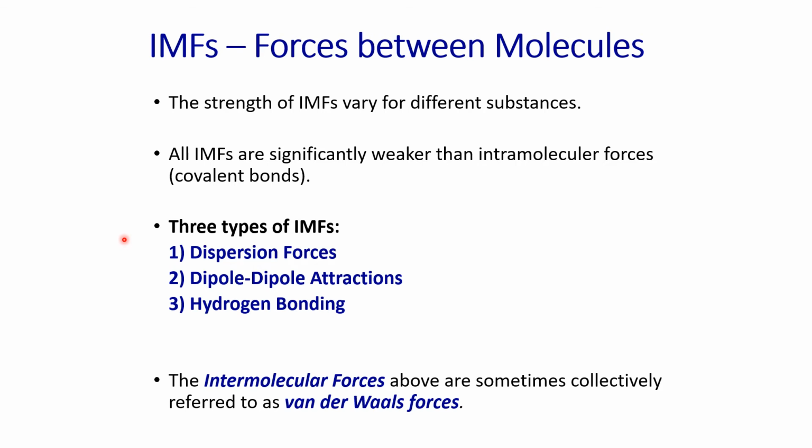There are others, but they're for chemistry beyond Gen Chem usually. Your book calls this one dispersion forces. You might also call it London forces. So dispersion forces, and then we're going to talk about dipole-dipole attractions, and we're going to talk about hydrogen bonding.